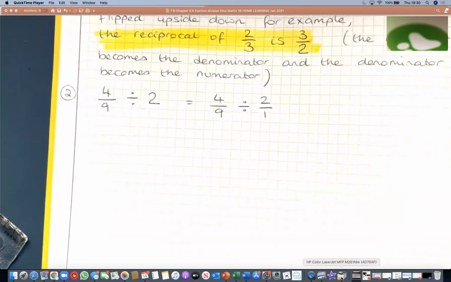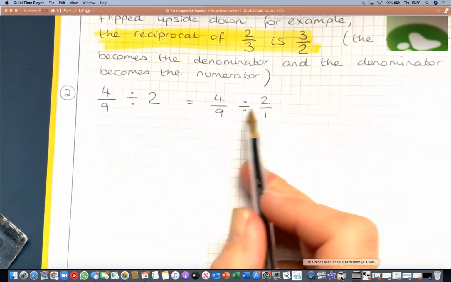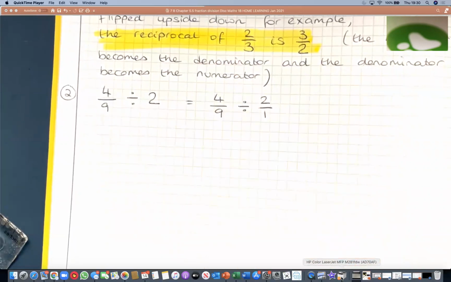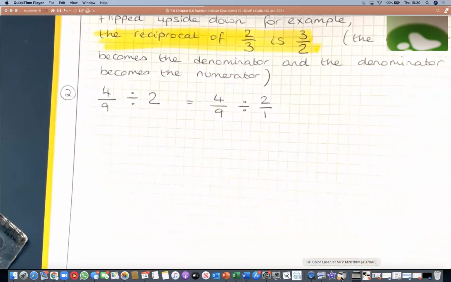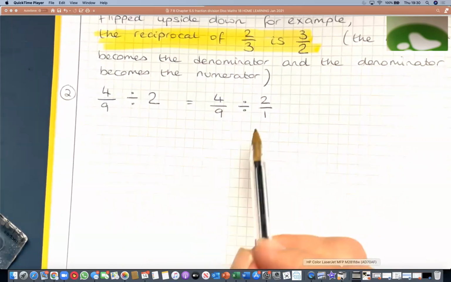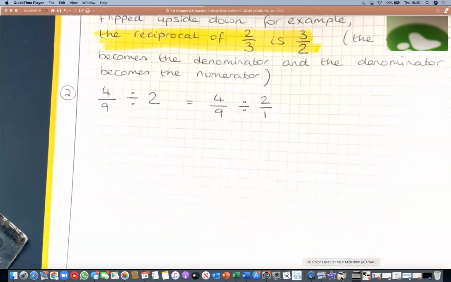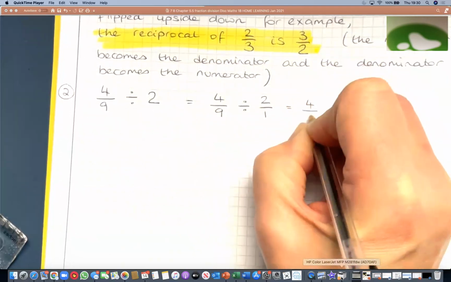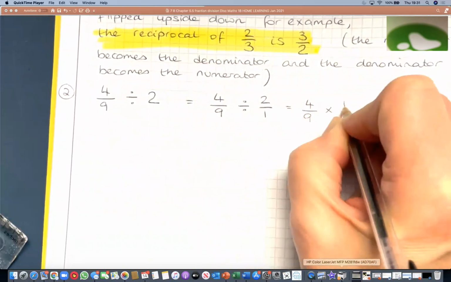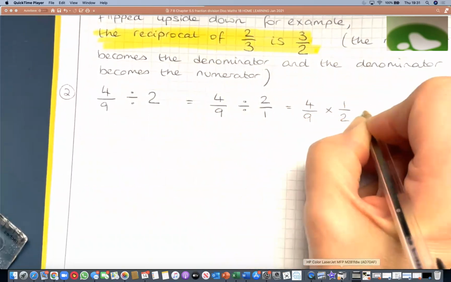Let's look at what I wrote. I know from my previous example that I can turn this into a multiplication, and I've got another definition I need to write down, but we know that dividing by 2 is the same as halving. We've worked that out already. So I can say that 4/9 is the same as multiplying by 1/2.